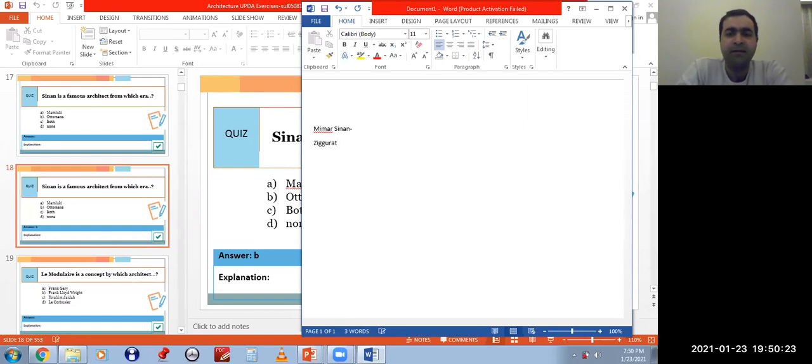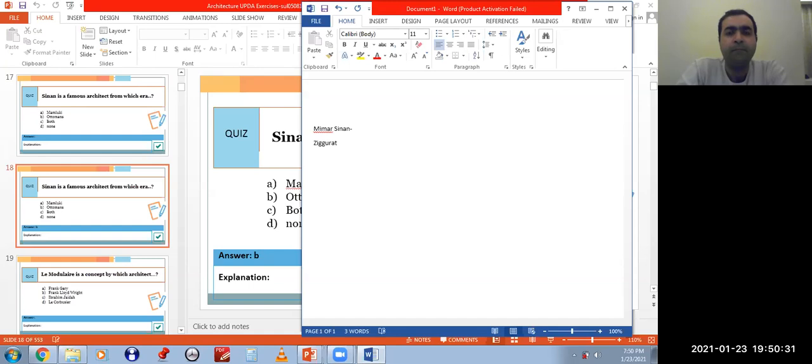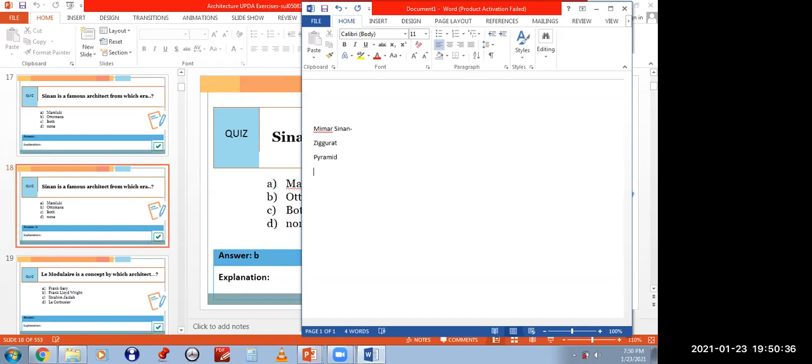It's an architecture, built in Iraq. Does anybody know what a ziggurat and a pyramid are? A ziggurat is a step pyramid, based on one philosophy, like a way to heaven. And a pyramid ends with a point at the top.